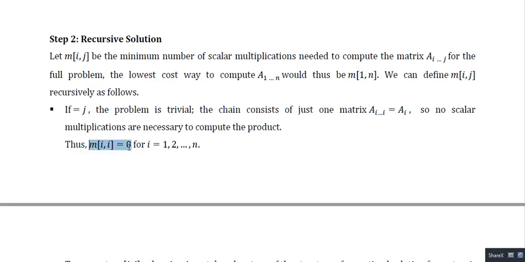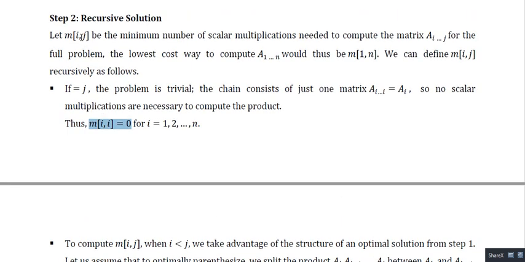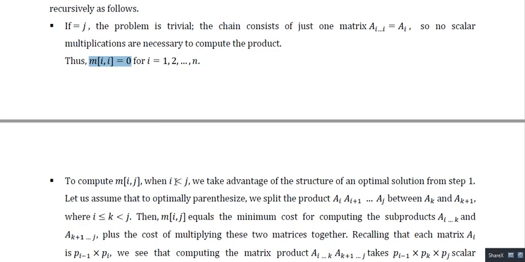So if there is only one matrix, the minimum number of scalar multiplications required is 0. Second, in no case can i be greater than j, because this is a sequence like A1 A2 A3 up to An, so i has to be always less than j. So the second case is i less than j.